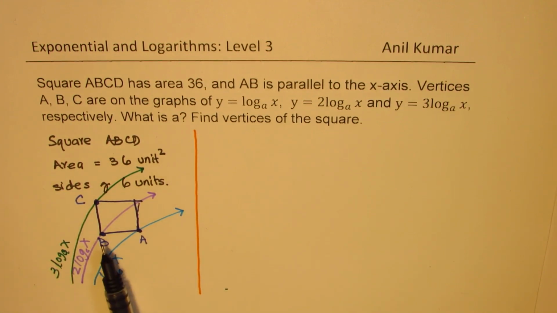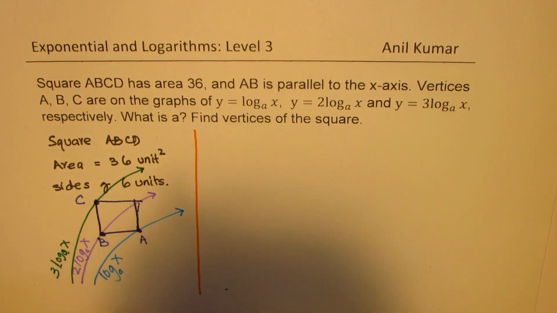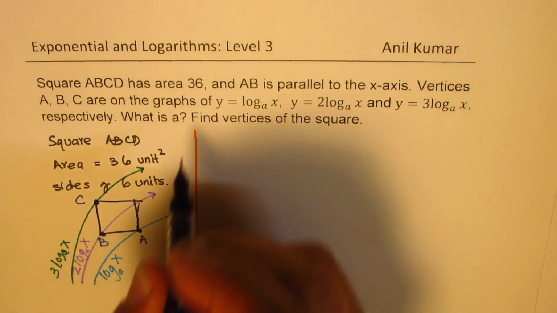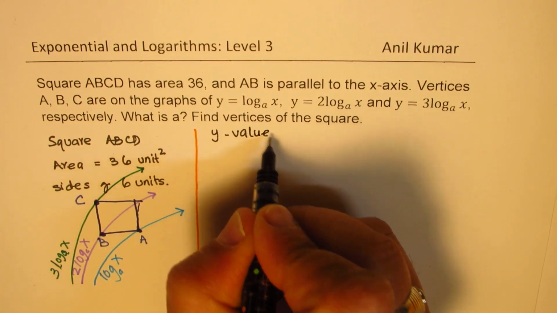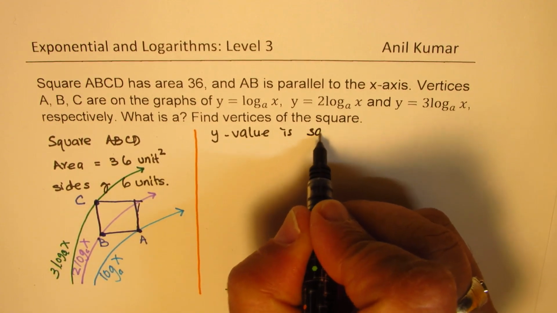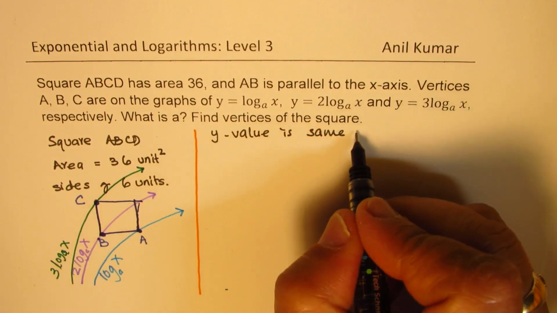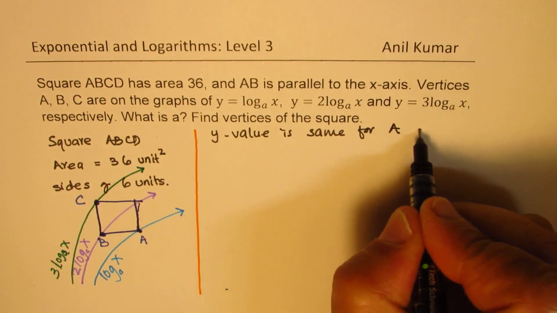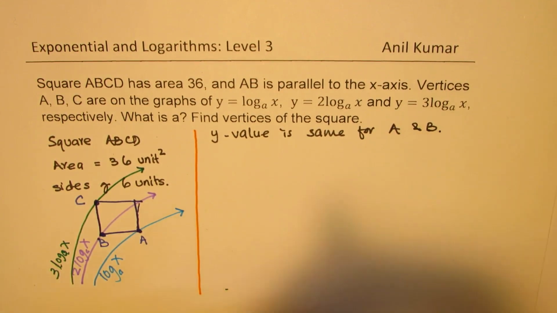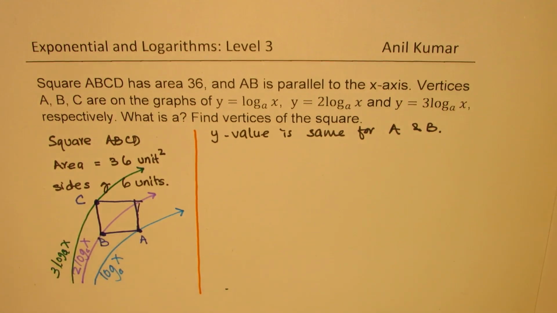So we can begin with this horizontal line AB. What we see is that the y value is the same for A and B, correct? Since that is a horizontal line.